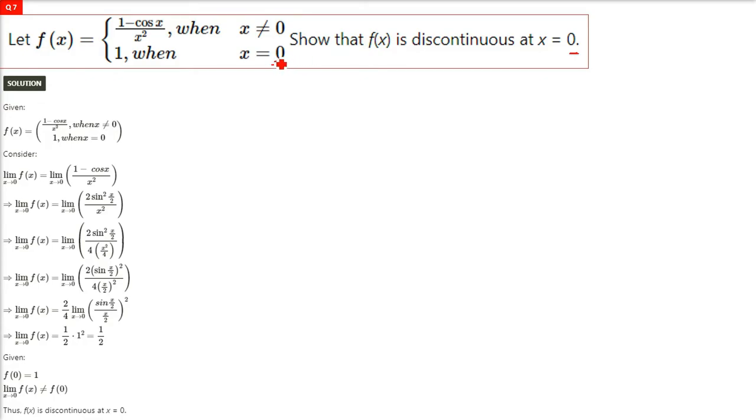If it is mismatching, then you don't have to worry about finding out the left hand limit and right hand limit. 1 minus cos x divided by x square, this is f(x), and at x equals 0 you get f(0) as 1.